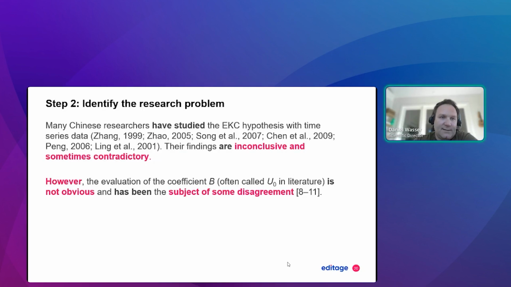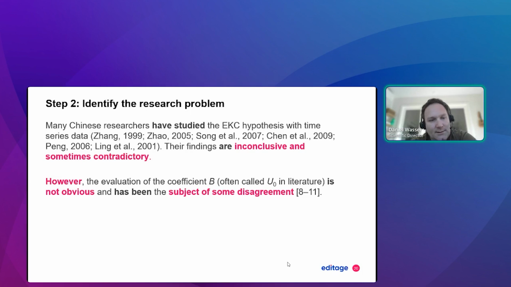And then moving down to that second step we discussed, identifying the research problem. So here's some other examples. Many Chinese researchers have studied the EKC hypothesis with time series data. These findings are inconclusive and sometimes contradictory. So that draws you in, oh okay, well, how are we going to solve this? There's contradictory data.